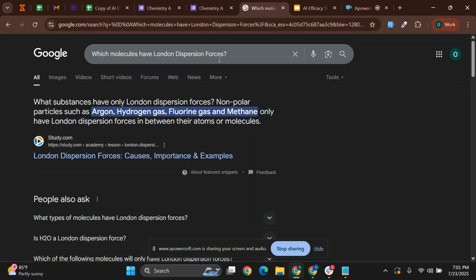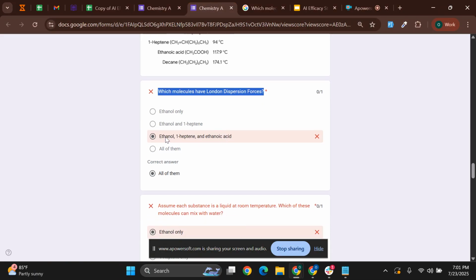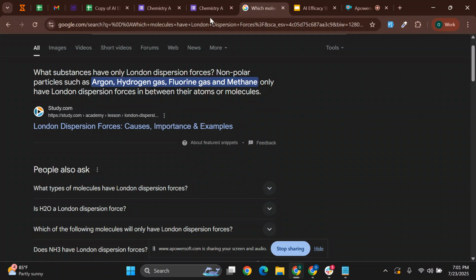Argon, hydrogen gas, fluorine gas, methane have London dispersion forces. Ethanol, heptene, all of them should have London dispersion force.